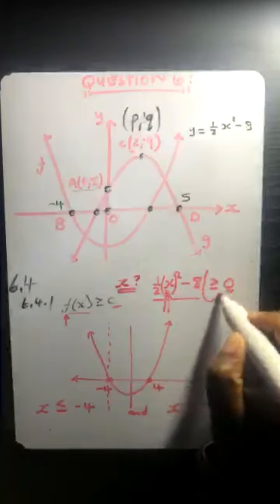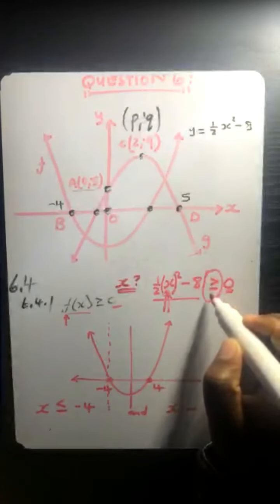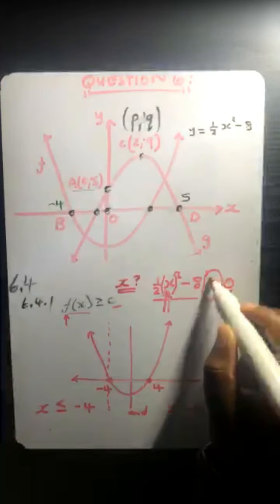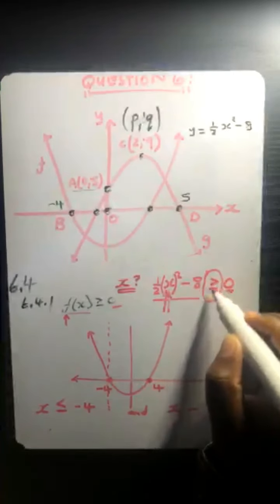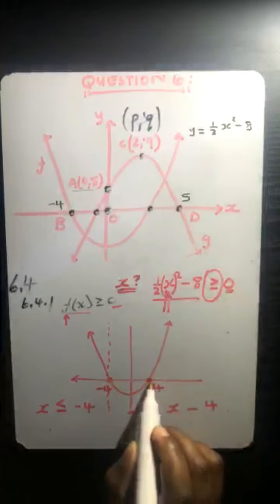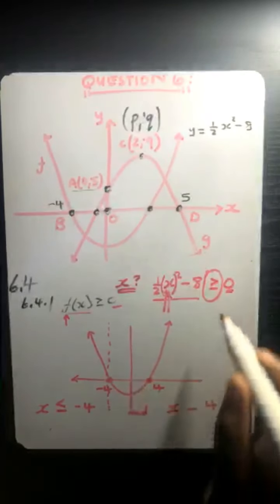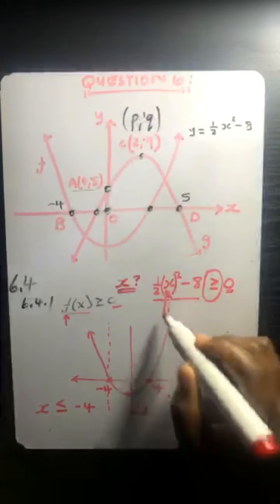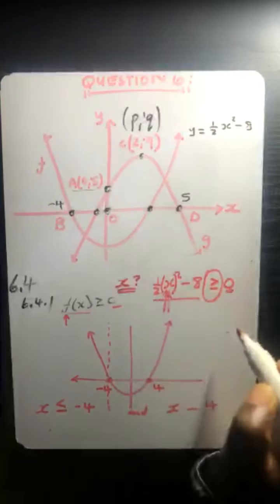But this sign means they want the x values whereby it is either greater than or equal to 0. Already we know that at -4 and 4, it's equal to 0. But now, again, at which x values are we still having f of x being greater than 0?